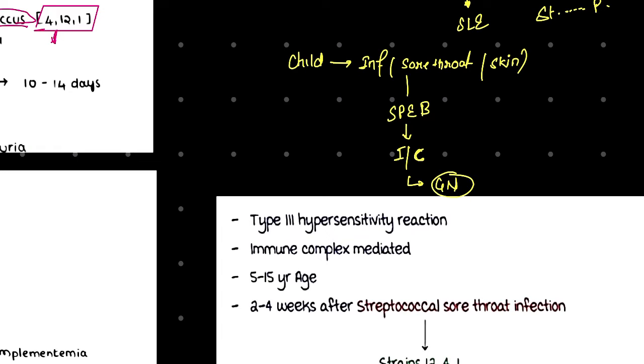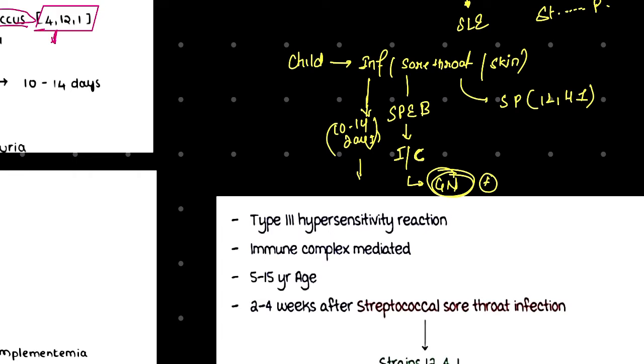Here the thing we need to know is that it is caused by Streptococcus pyogenes of strains 12, 4 and 1, right. This glomerulonephritis will take place after about 10 to 14 days of the initial infection.